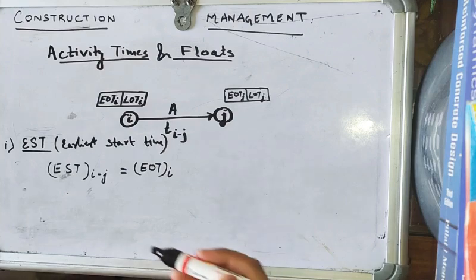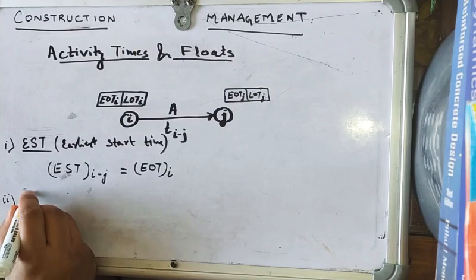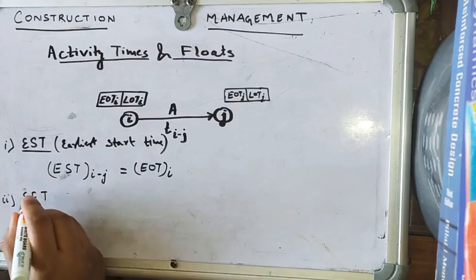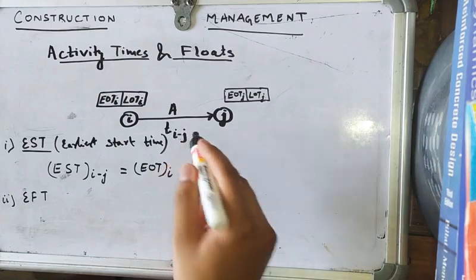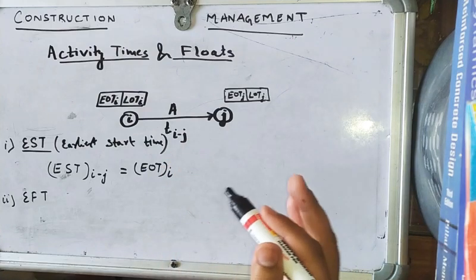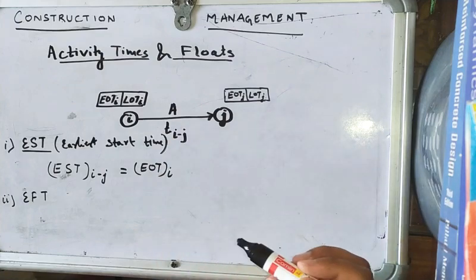Right. So secondly we have earliest finish time. So earliest finish time is the earliest possible time at which an activity can finish. So what will be the earliest time at which this activity A can finish?